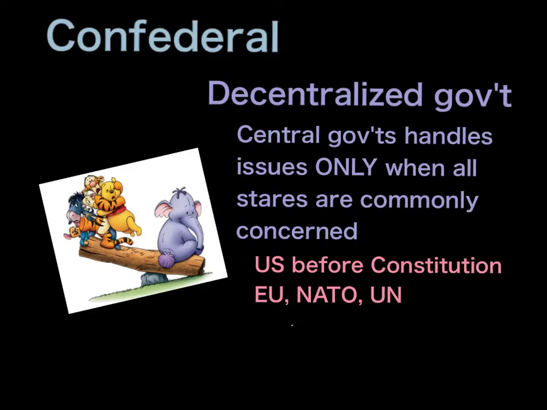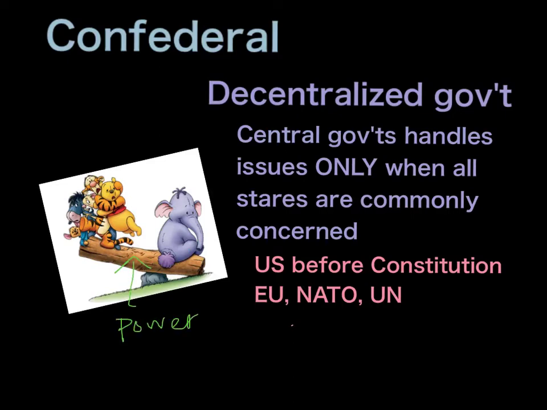The United States, under the Articles of Confederation, was a confederal system. Things like that today would be like the European Union, known as the EU, NATO, and the UN. Each of those doesn't have power unless given to it by the local or more smaller centralized areas. So in this case, the teeter-totter, again, would be representing power.